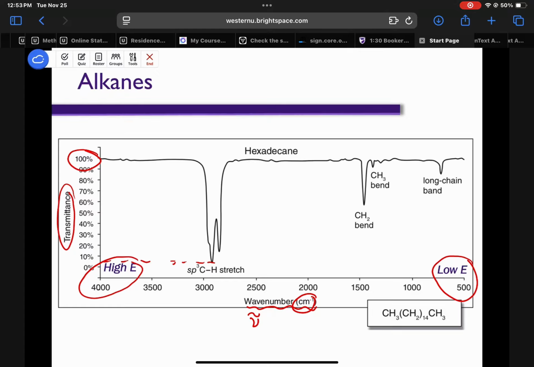That means we have a bond that has a normal vibrational frequency at that wave number that can get excited and absorb that energy and lead to a peak. So here is our first peak. This big peak right here tells us that we have an sp3 carbon-hydrogen stretch.